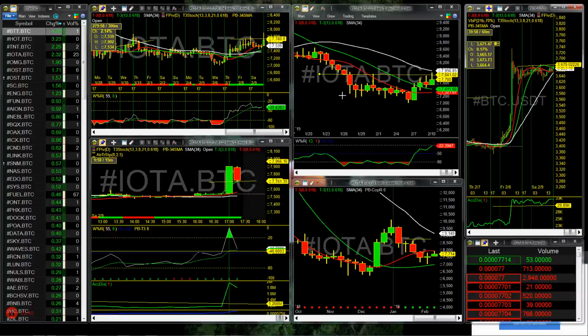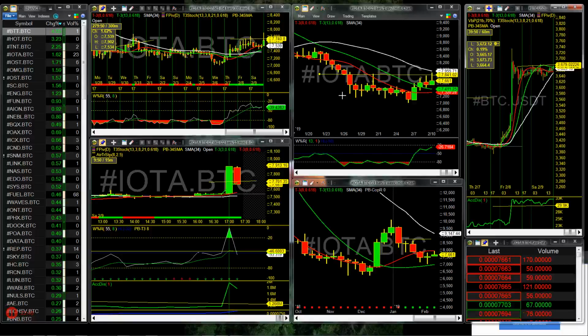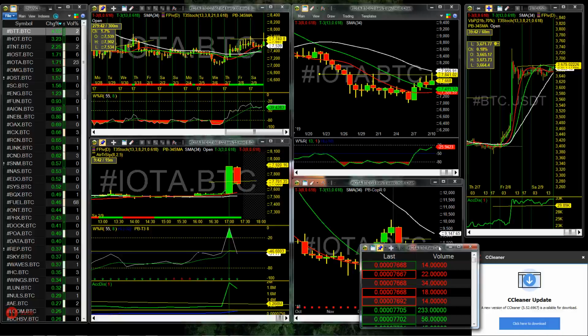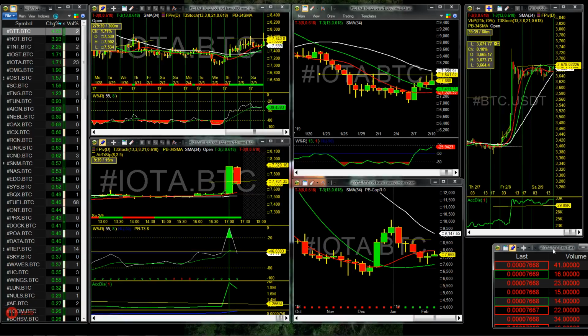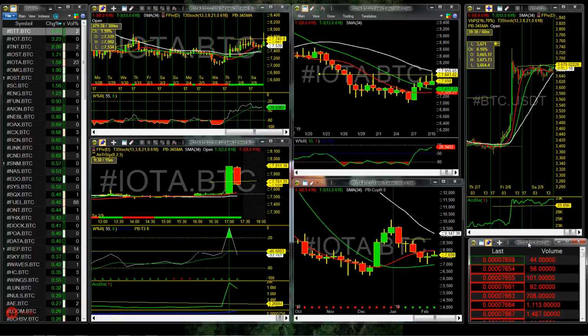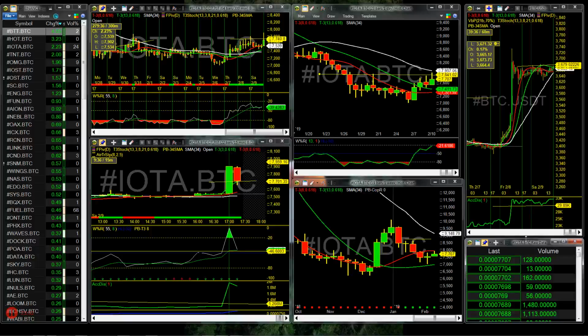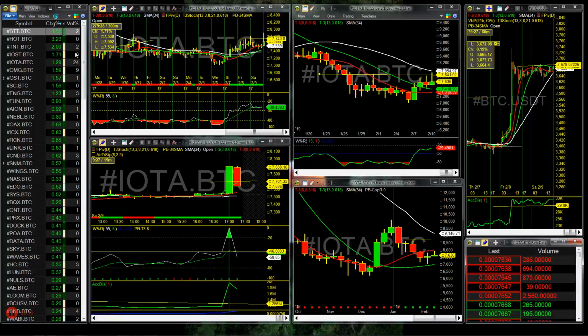There's the 50% rule on IOTA. Watch for the spike down. Oh, TNT.